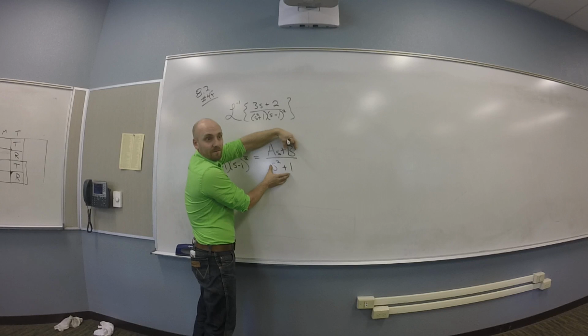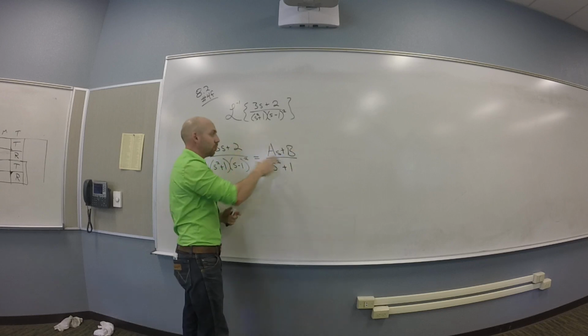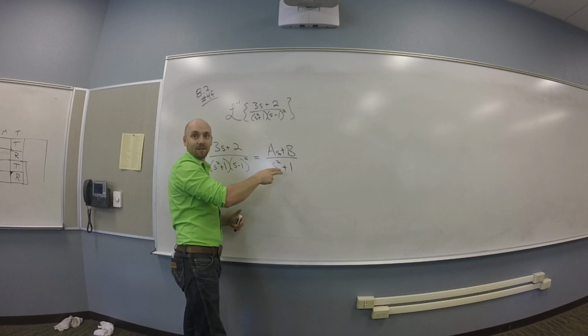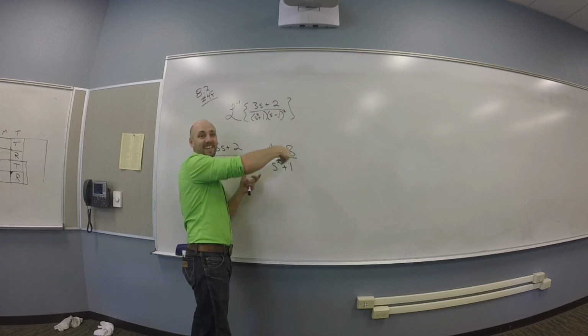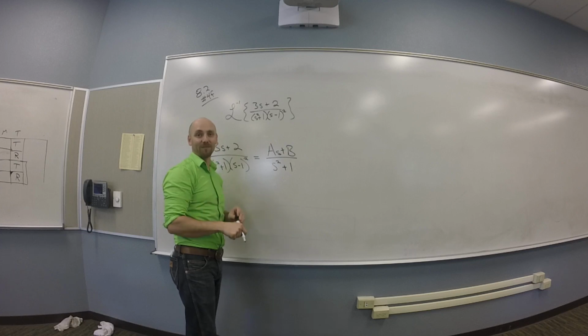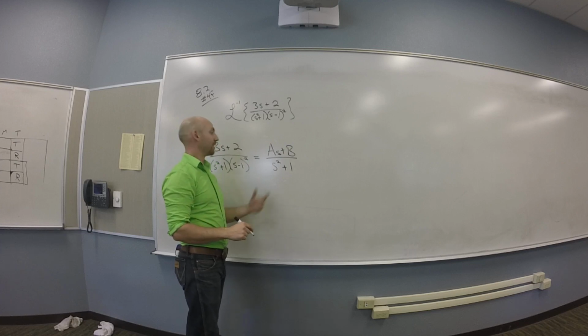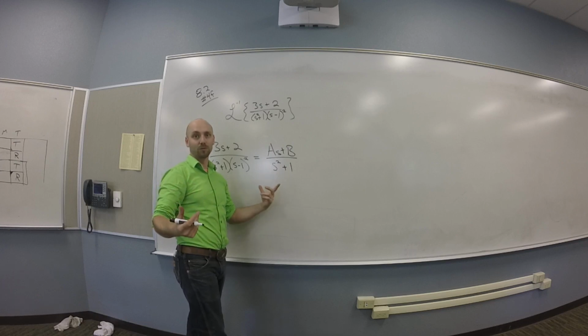You guys with me on that? Okay, but I'll be able to deal with that. And this is an important thing to do when you're setting these up, right? When you're setting up your partial fractions, make sure that you're not wasting your time. Check that each piece is something you know how to do, or something that you're going to have a plan for how to deal with. Like this one, I don't know how to do this one directly, but I can break it into two pieces. I know how to do the two pieces.